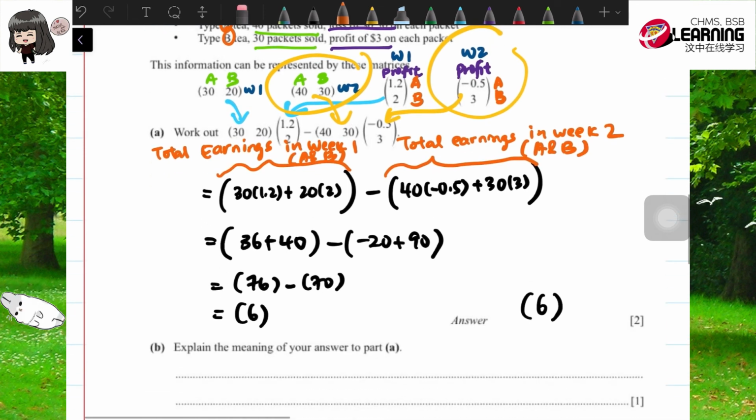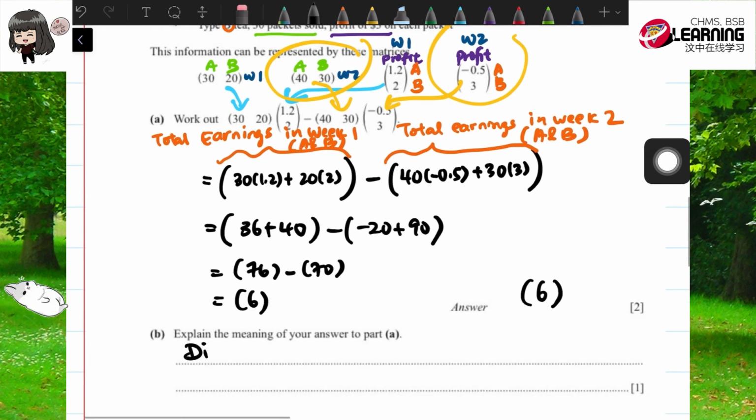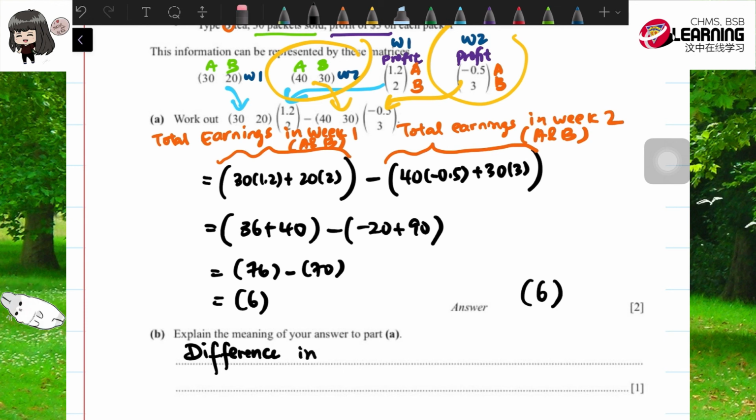Okay, so the meaning is that we are actually finding the difference. So the answer is we are finding the difference. The meaning of your answer is the difference in the earning. Okay, this earning you can write profit also.